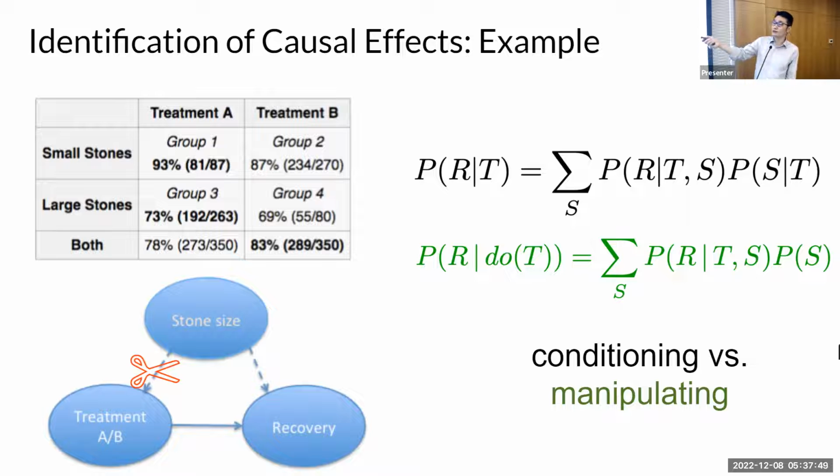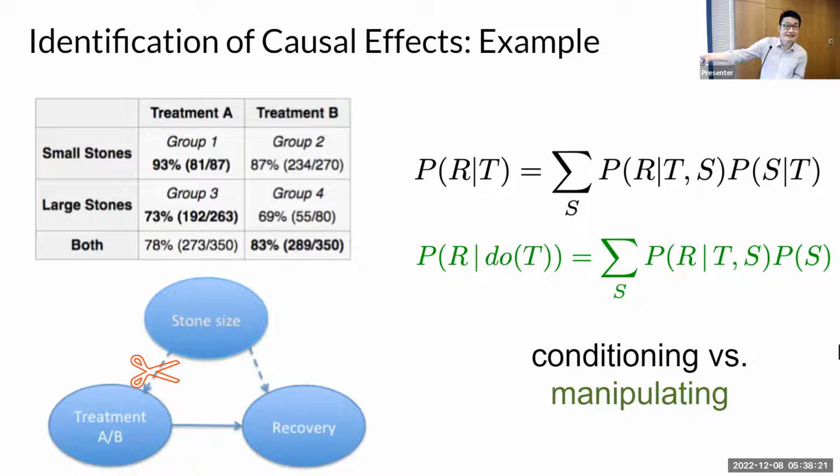Now you can see, from the number of data points, that stone size and treatment are clearly dependent. For the patient with small stones, it's more likely for them to be in group 2, to receive treatment B. And for those with large stones, it's more likely for them to receive treatment A. So they are dependent.